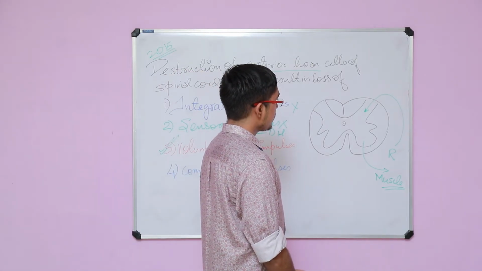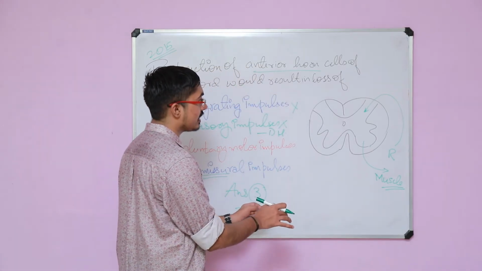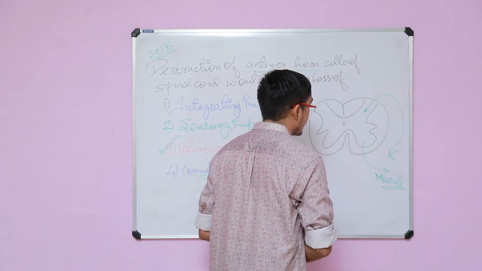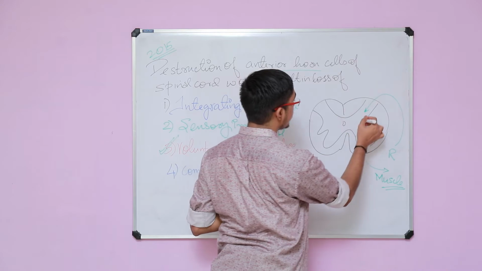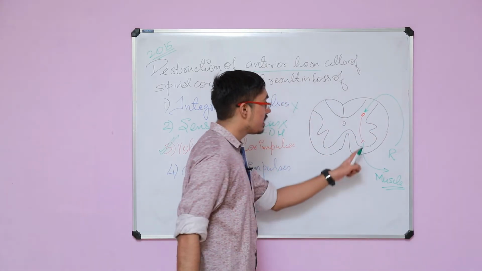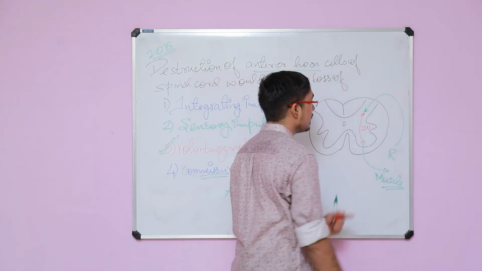So just for the purpose of handling the situation, there is a connection between the dorsal horn and the ventral horn, that is through an interneuron. This is how an interneuron will look, and this is how it will pass the impulses to the ventral horn. I will write it as IN here.